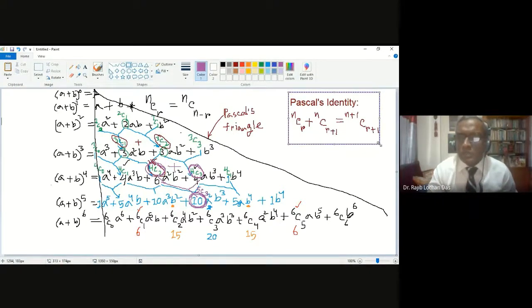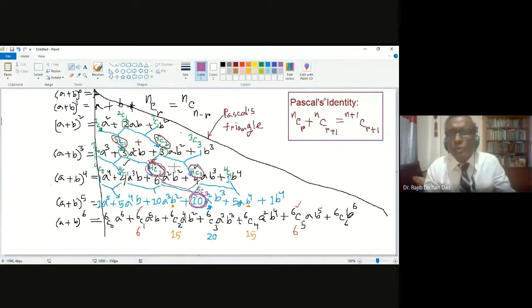If you memorize this, then fine, and if you do not memorize, that is also okay. Just try to understand what is happening. So Pascal's triangle is this. It has a connection with combination, and Pascal's identity is a very famous formula. So I'm just giving it to you. So that's it. This is the last thing I wanted to discuss.